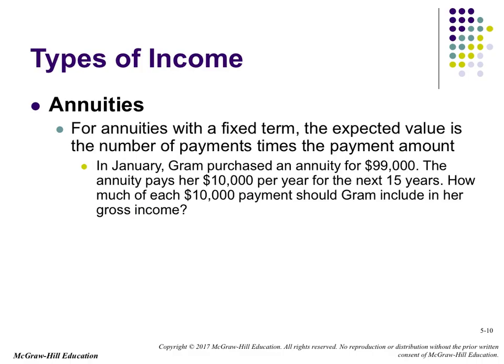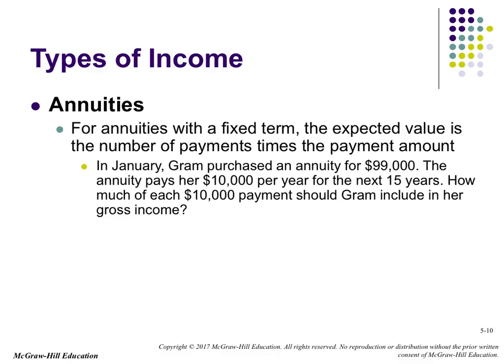So in this example, what have we got going on? We've got a fixed term annuity, which means we're told how long this annuity is going to last. In January, Graham purchases an annuity for $99,000. The annuity pays $10,000 a year for 15 years.